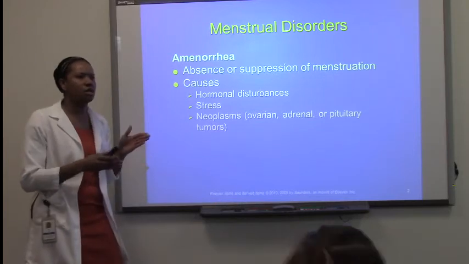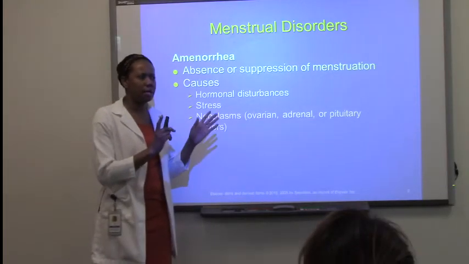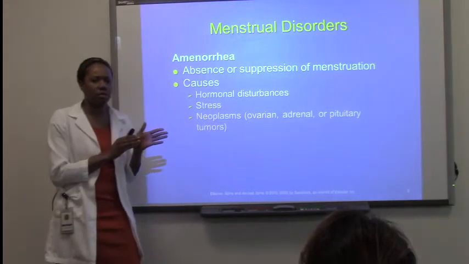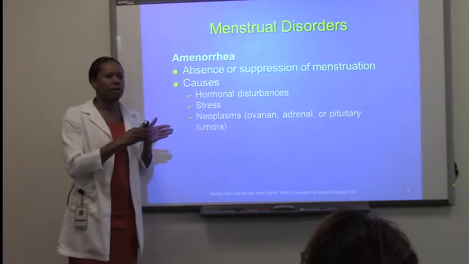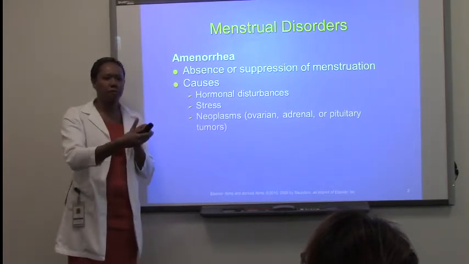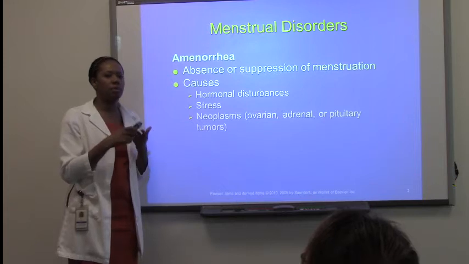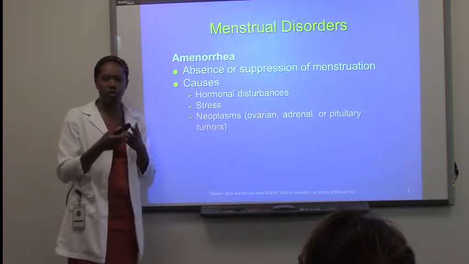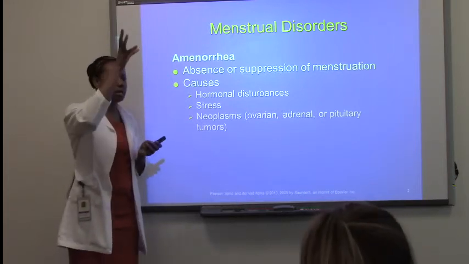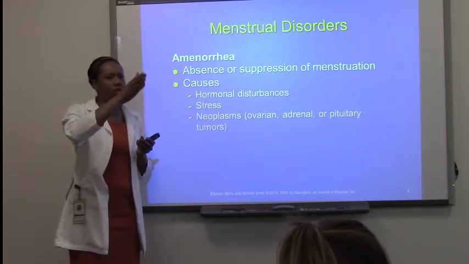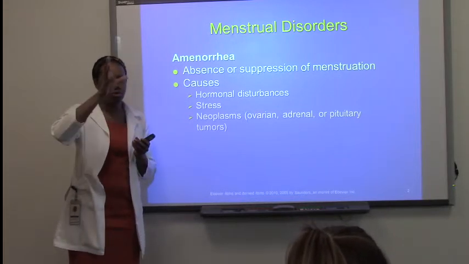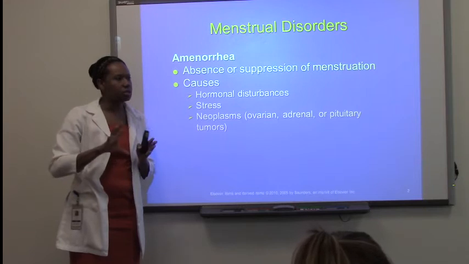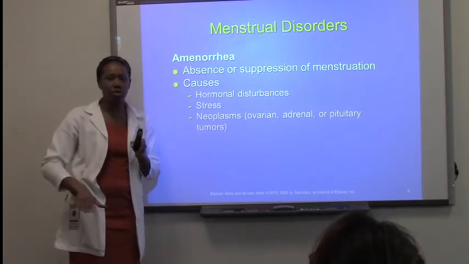Please understand, and going back to physiology or anatomy, I'm not sure which class you guys went over this in, when the menstruation first starts in the female, please keep in mind that the hormones are elevated. So estrogen and progesterone are elevated at the beginning of menses. Once it starts, say maybe day 2 or 3 of the menstrual cycle, then the hormones actually decrease.